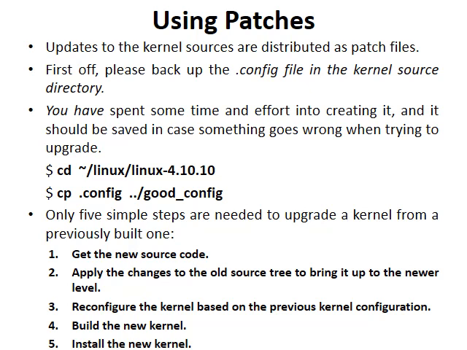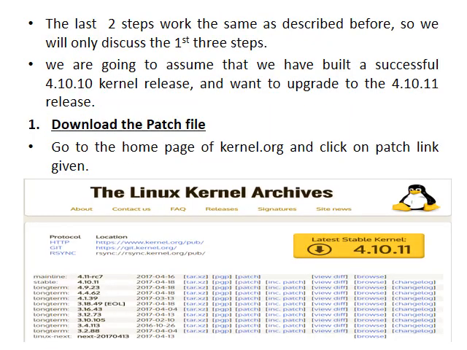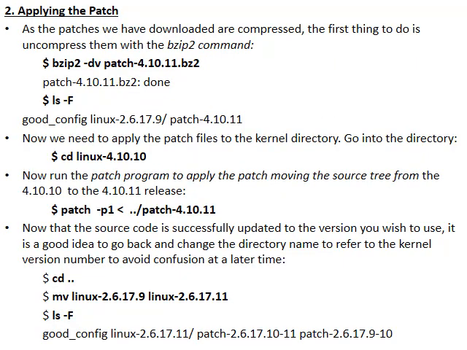For that, again we can look at the URL from where we downloaded the kernel. This is the Linux kernel archive from where you can download the patch files. After downloading the patch, you have to apply it using the following command: bzip2 -dv with the name of the patch file, and after that, the patch command, which is required for applying the particular patch to the Linux kernel.